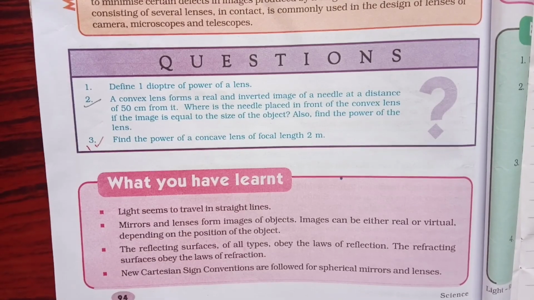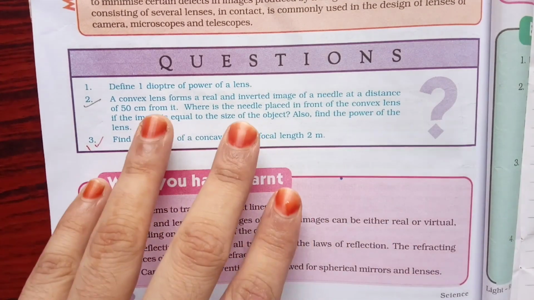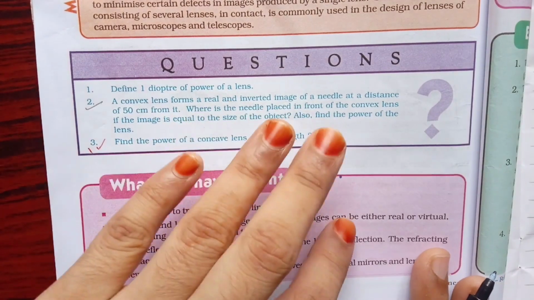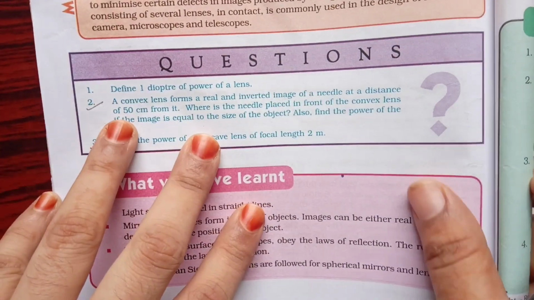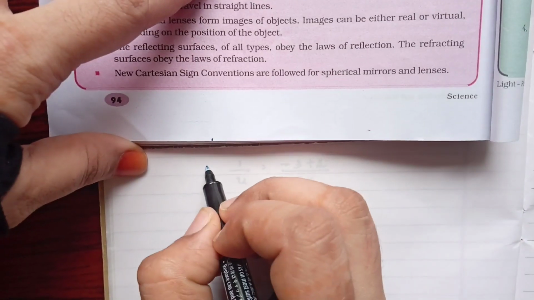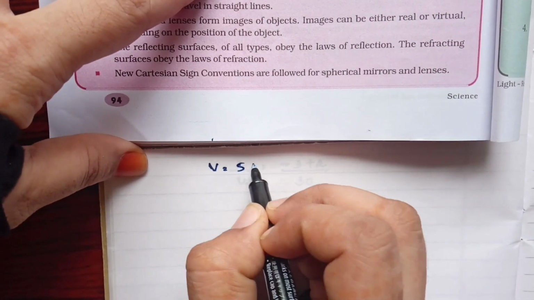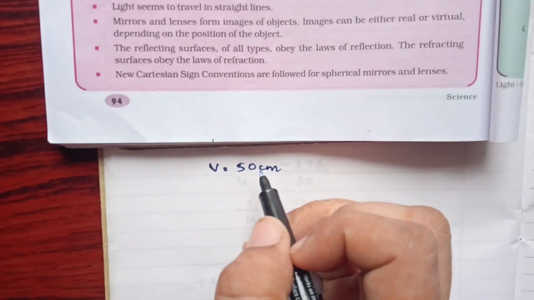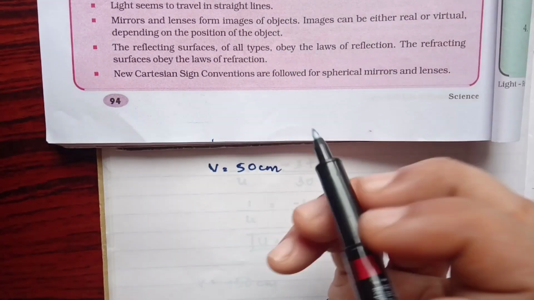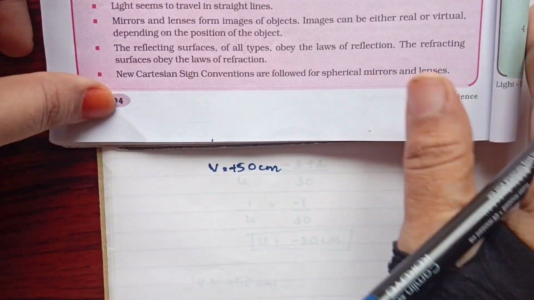So now let's talk about my next question, that is for convex lens. A real tricky question, very small answer but tricky one. So here they have given me a convex lens that forms a real and inverted image of a needle at a distance of 50 centimeter. So my image distance they have given me, it is 50 centimeter. Since this is a convex lens, my image is on the right side, so it's plus.